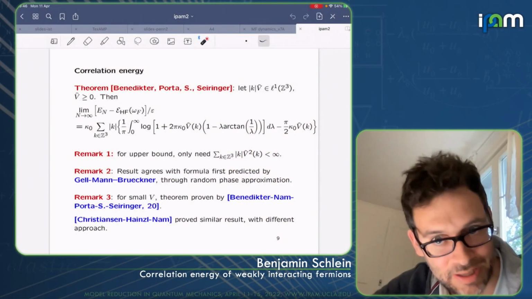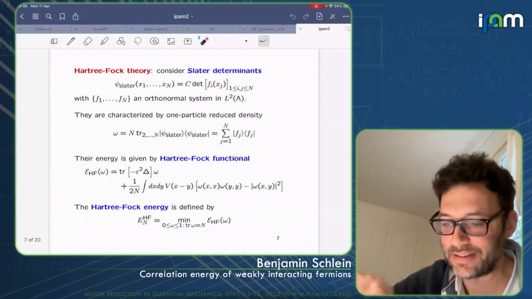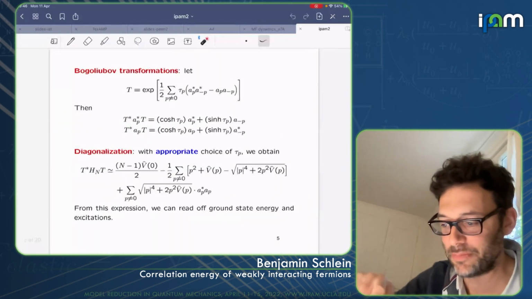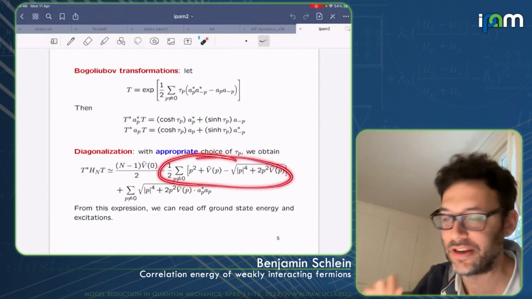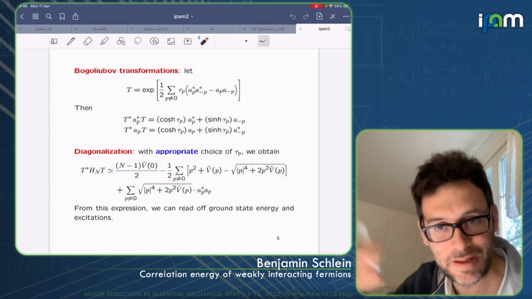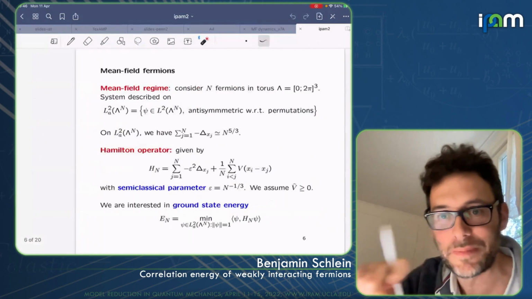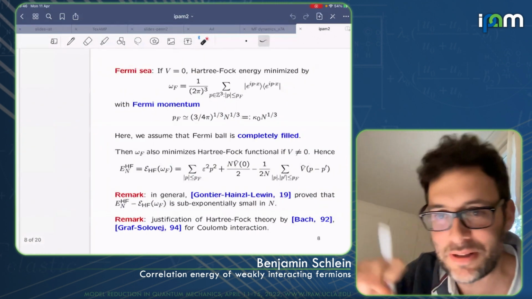So that's the explicit expression which comes out of a computation which is based on this Bogoliubov theory that I showed you before. So in the fermionic setting, this plays the role of this strange Bogoliubov sum that you have here, in a sense. But then we can see it later. I don't know if you have a better interpretation for it.